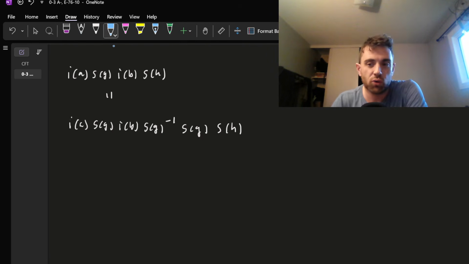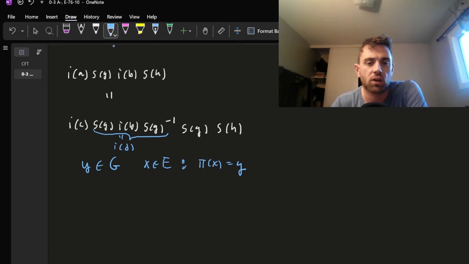Okay, so suppose that we had some element y in G, and that we had some element x in E, where x maps to y. And by the way, maybe I will write this as I of D. We do know there is some element D that makes this true. So let's suppose that this were the case.